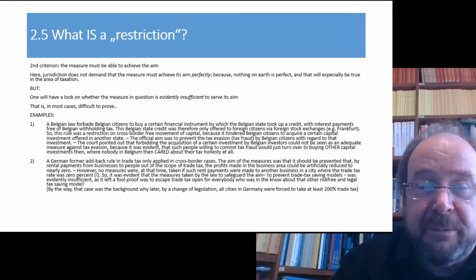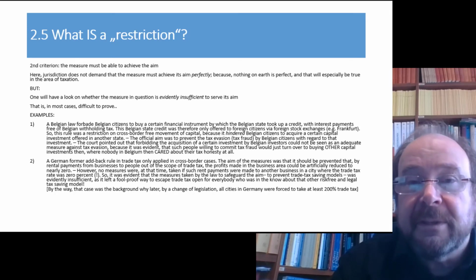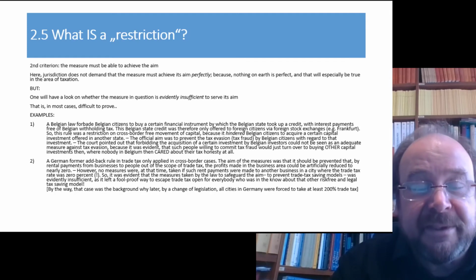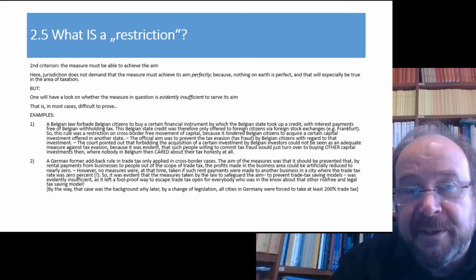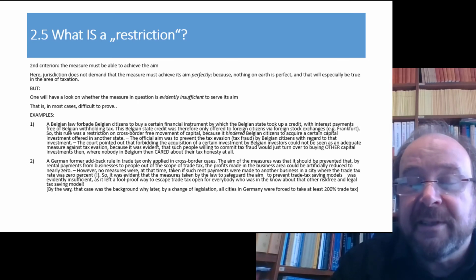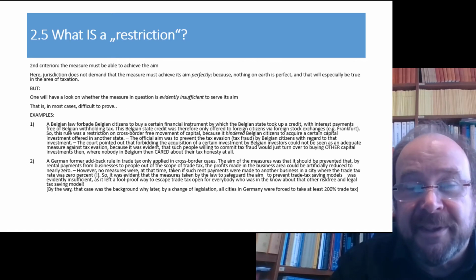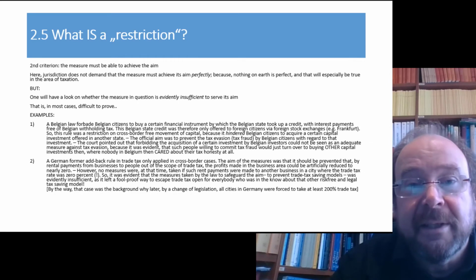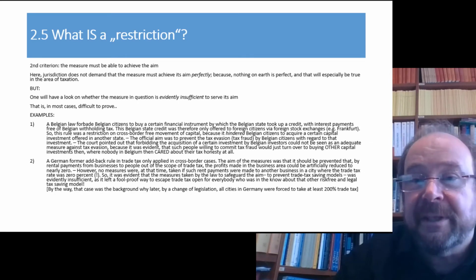Later, by the way, Germany changed its legislation. The add-back was then made for all lease payments, and also the case was the reason why later by a change of the trade tax legislation, Germany forced all cities in Germany to take at least a 200% trade tax rate.